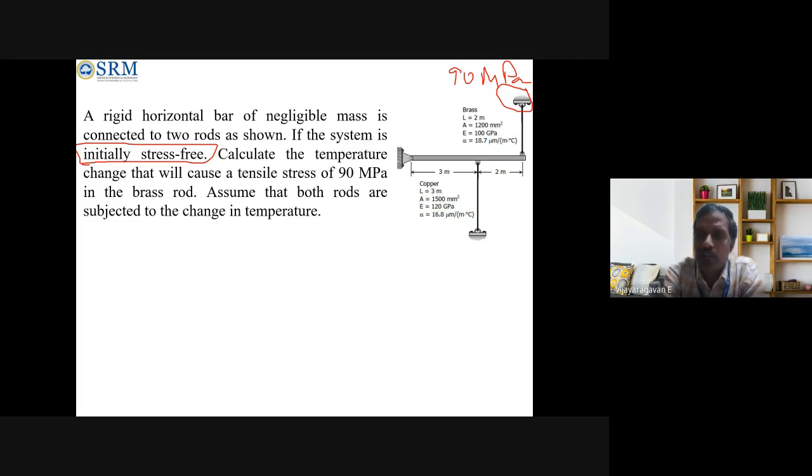From this, can anyone tell me what will be the load acting in the brass? Any answers?